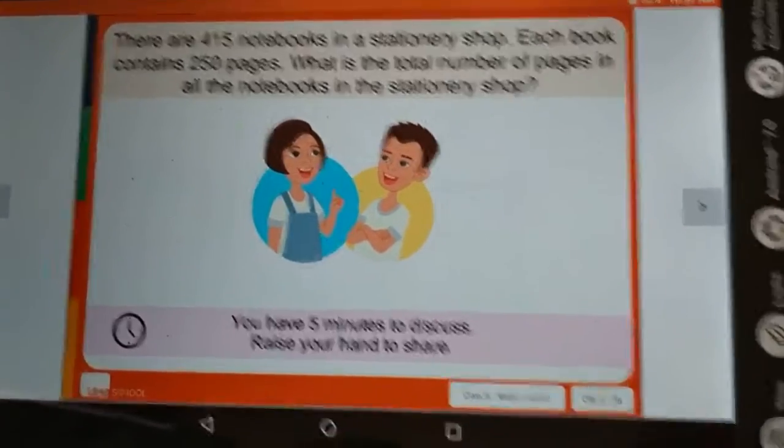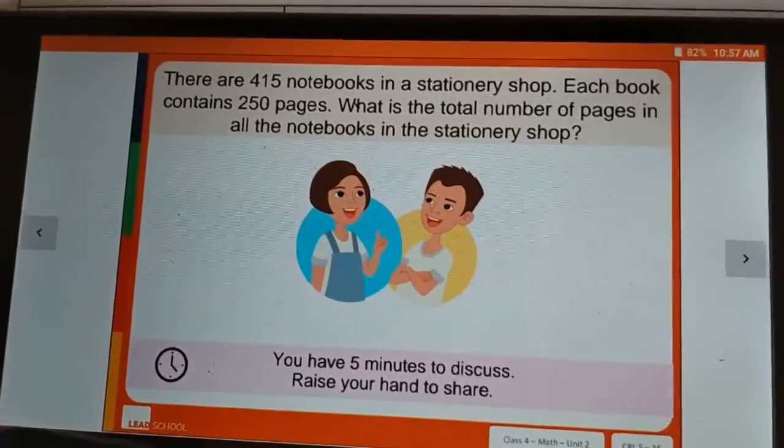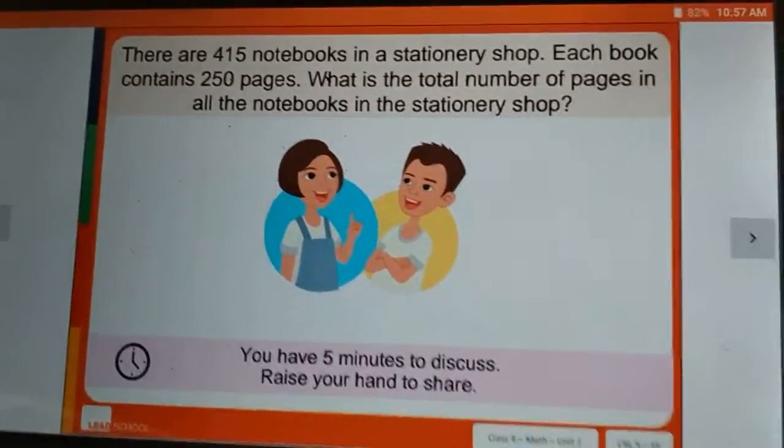I will give you time; you have to do these sums yourself. I will give you time and you have to complete it.